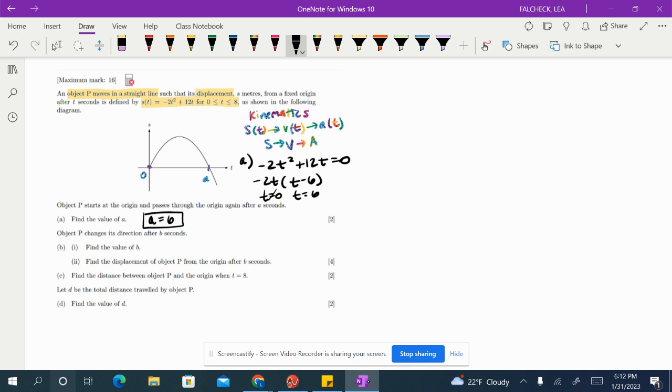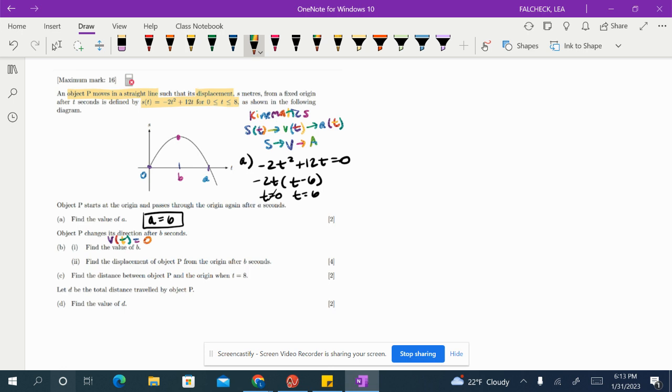A equals 6. Now it says object P changes its direction after B seconds. So we know that an object changes its direction when the velocity is equal to 0. So we're going to find the velocity function, set it equal to 0, and find out what B is going to be. Visually, we know that the object changes its direction right here at this maximum. That's going to be our B. We just don't know what B is yet.